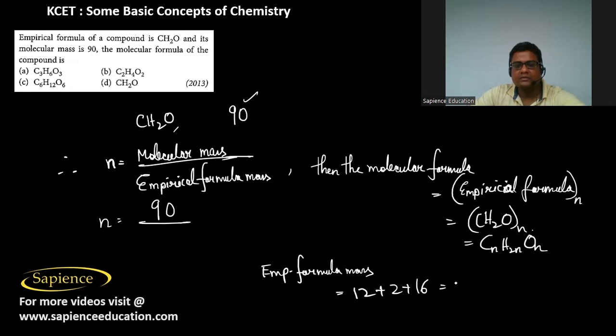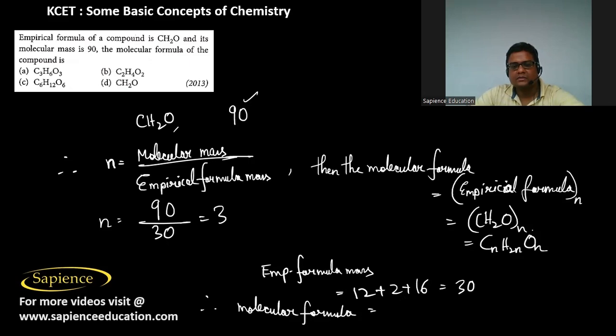So 18 plus 12, that is 30. So N equals 3. Therefore, the molecular formula of the compound is CH2O whole 3, so that will be C3H6O3. So option A is the correct answer.